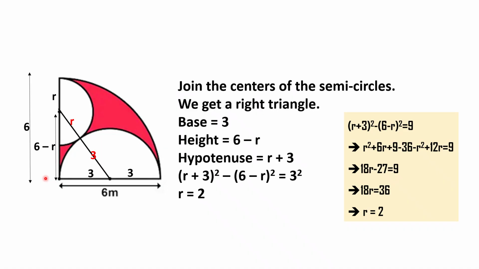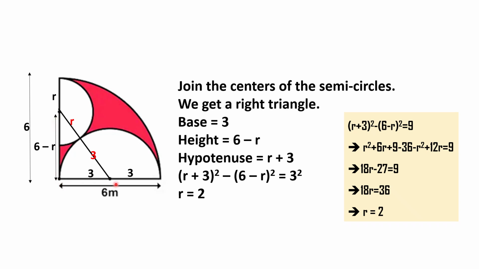Height is the total 6 minus this radius r. So the height will be 6 minus r. The total vertical, that is 6, the radius of the quadrant, minus this r, the radius of the semicircle. So the remaining part will be 6 minus r.